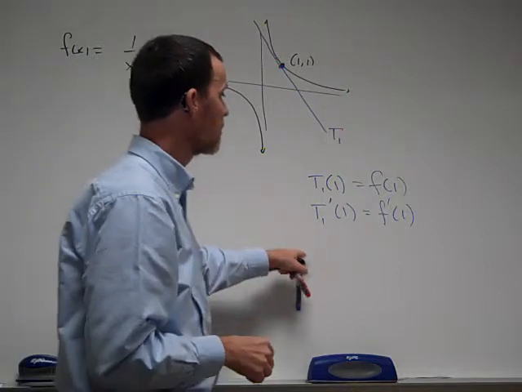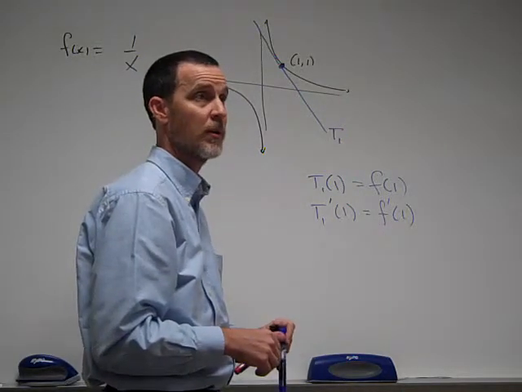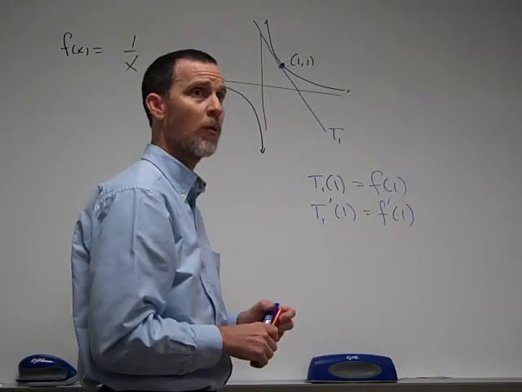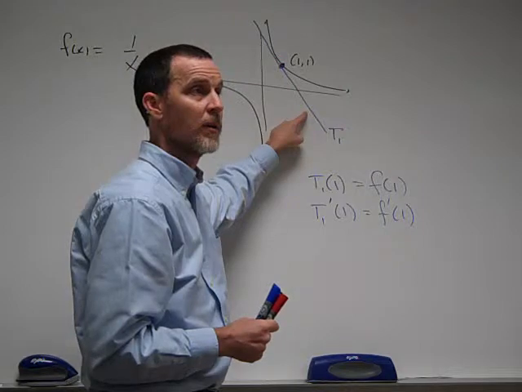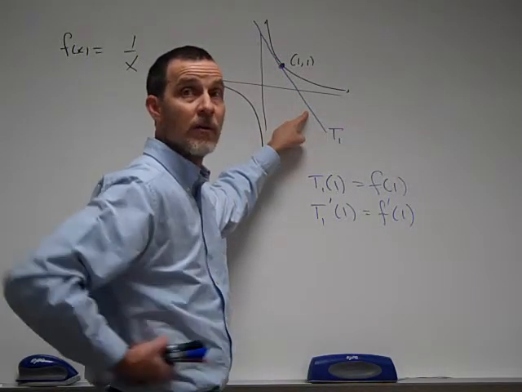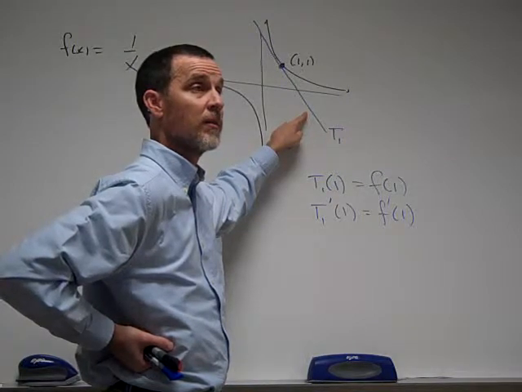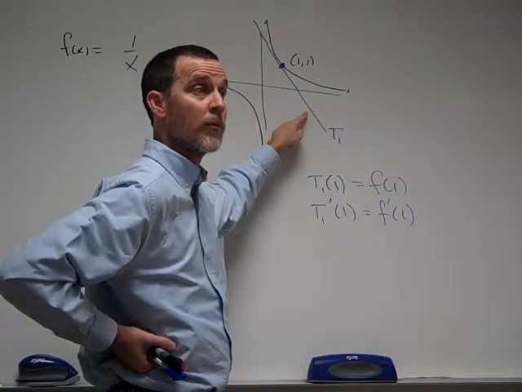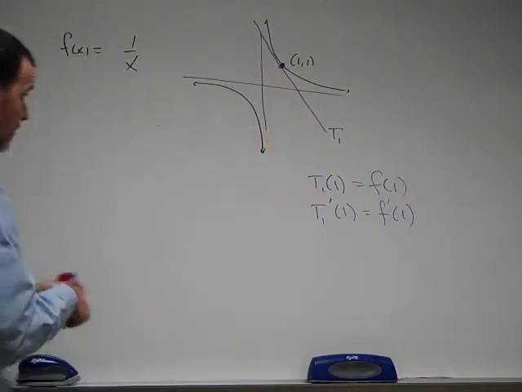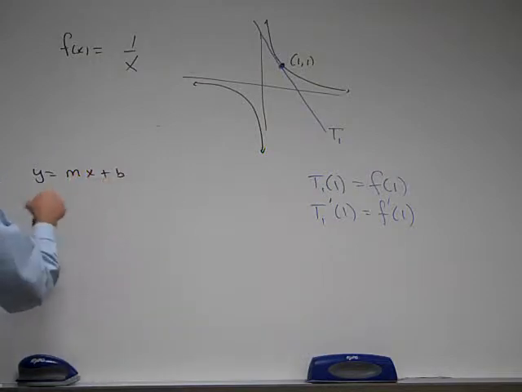Now, how about T1 double prime? Is the second derivative of this one going to agree with the second derivative of that one? No. Why not? What's the second derivative of a line? Here's a generic line.